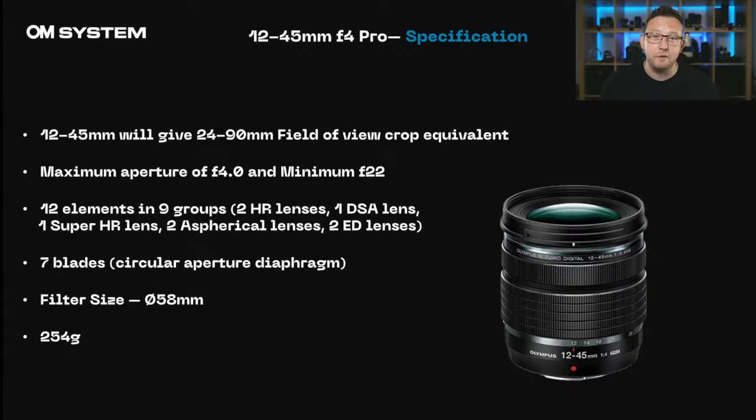So when we talk about focal lengths, particularly at 12 to 45, that will provide us with a 35mm format equivalent field of view crop of 24 to 90mm. Okay. And that f4 is a constant aperture all the way through the zoom range. So it's really useful to be able to go from 12 to 45 or 24 to 90 crop view equivalent, and be able to maximize that aperture at f4. Your maximum aperture is f4 and your minimum is f22.